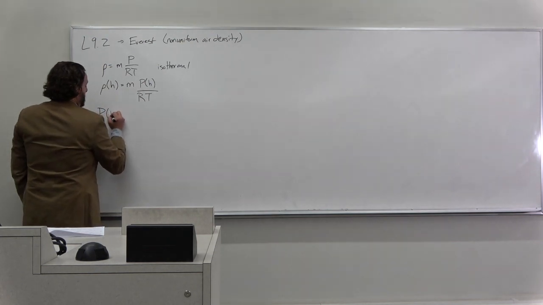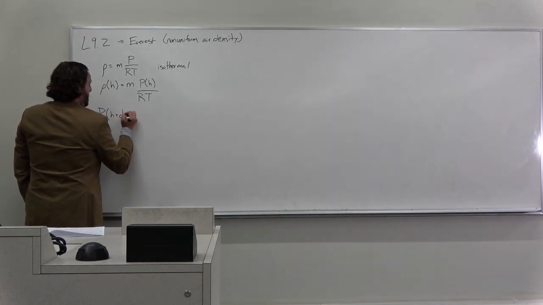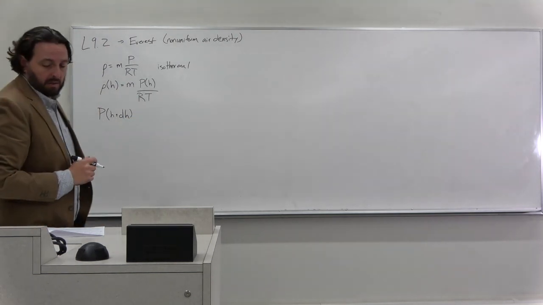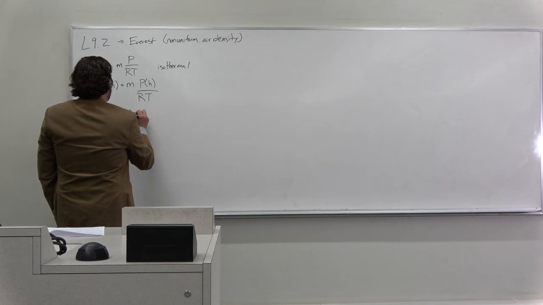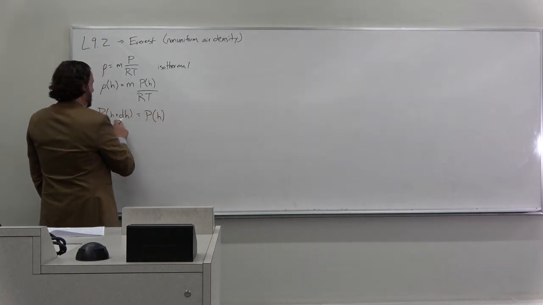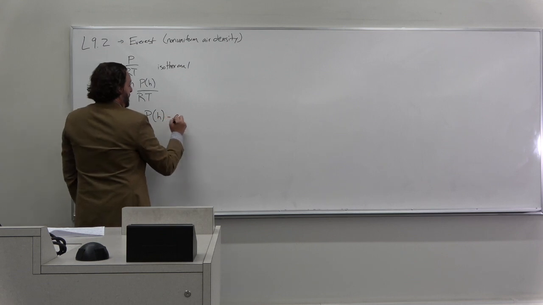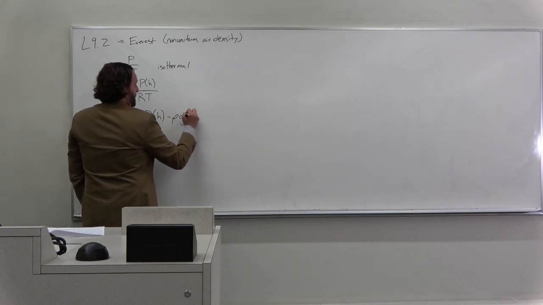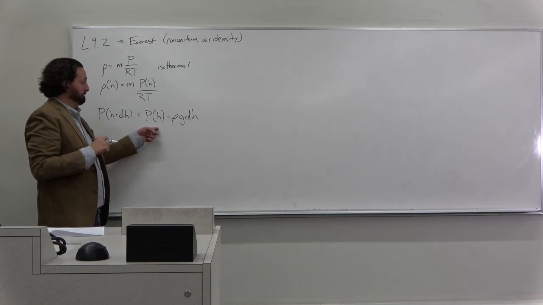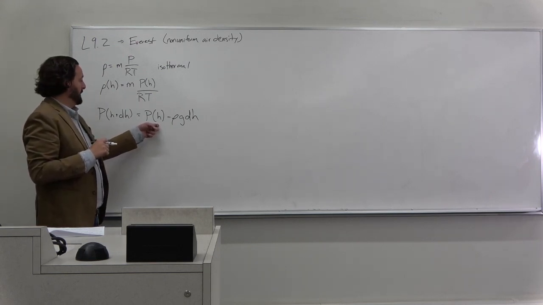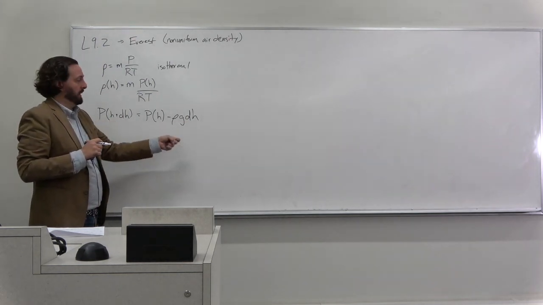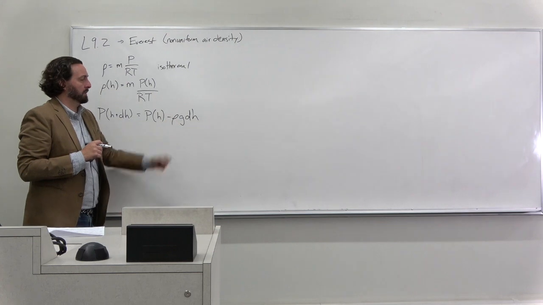We said pressure at H plus dH. Last time we had the pressure at H. So now we can think of this as the pressure at a certain altitude plus a small variation, which is rho g dH. If we have one altitude H and want to calculate at H plus dH, we simply have a small correction, rho g dH.